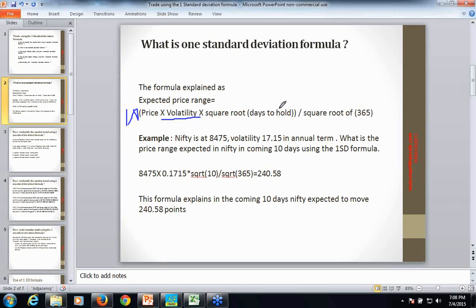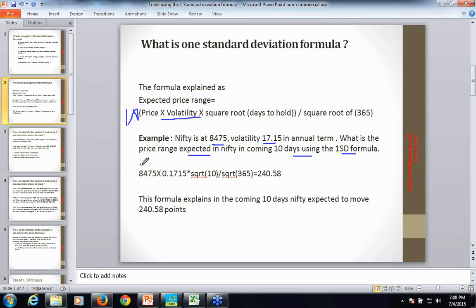I have one example here. Nifty, imagine 8475 last Friday closing. Volatility is 17.15 in annual terms. What is the price range expected in the Nifty in the coming 10 days using the one standard deviation formula?